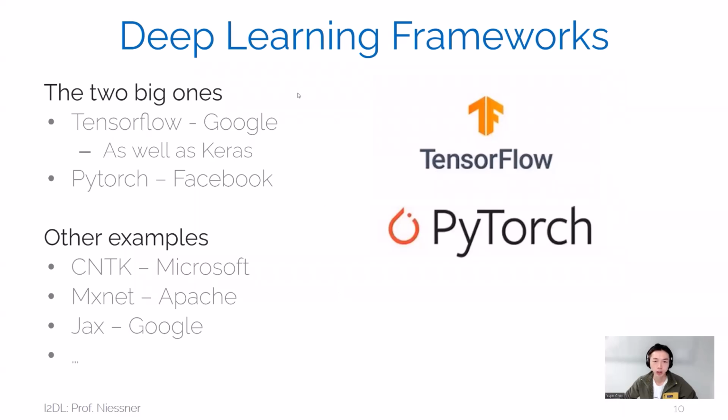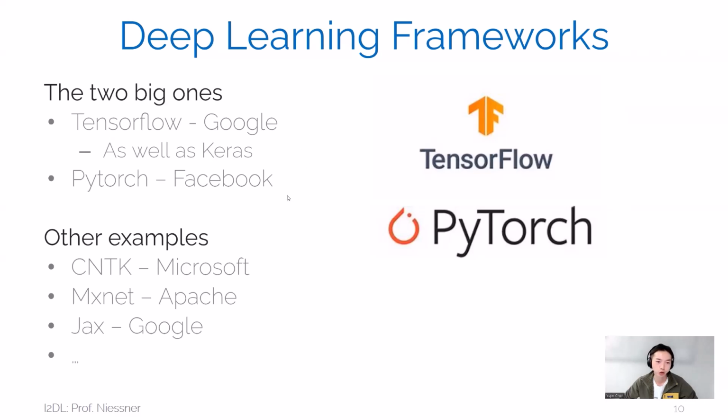So here, I want to introduce some very famous or common deep learning frameworks. There are two dominant ones from two big companies. One is Google, and the other one is Facebook, namely Meta. TensorFlow is from Google, and PyTorch is from Facebook. Both are very popular in our deep learning community.